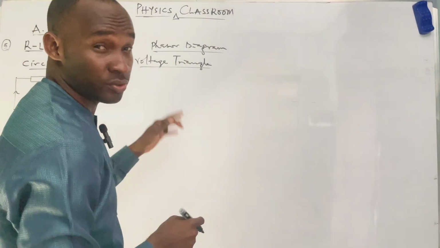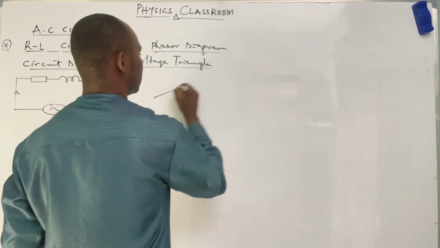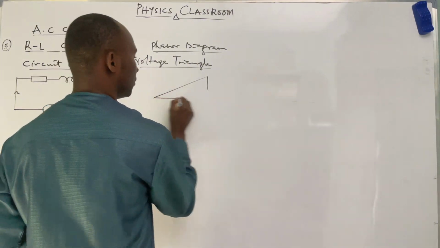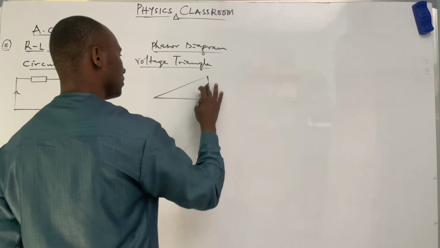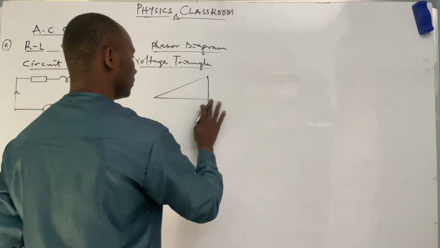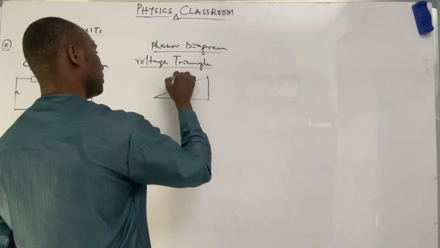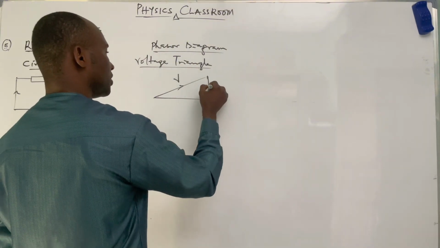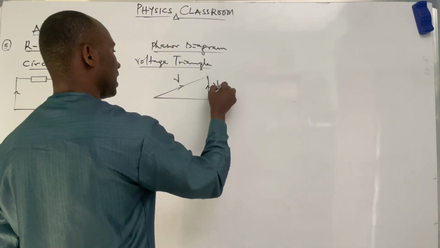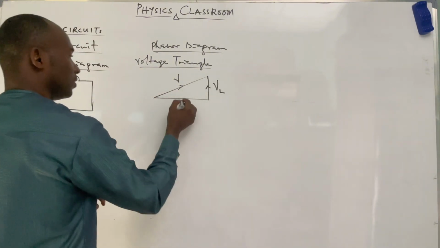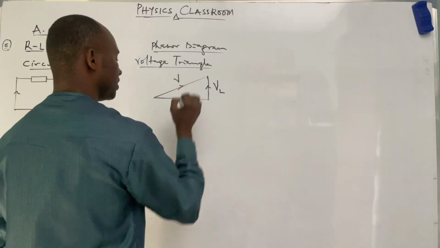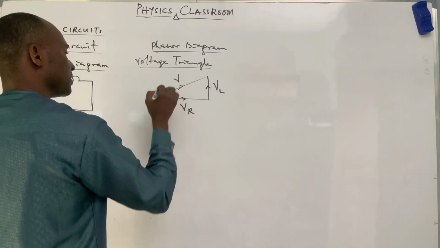Considering the voltage triangle, we can have it like this. This is the V, effective voltage. This is the V across the inductor. This is the V across the resistor. And these are the phase angles.